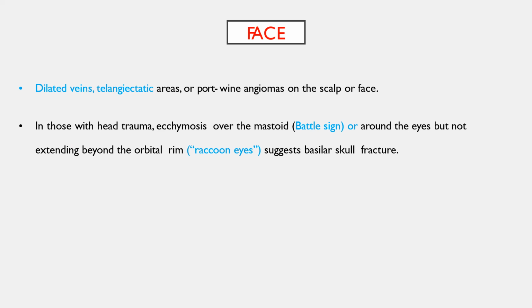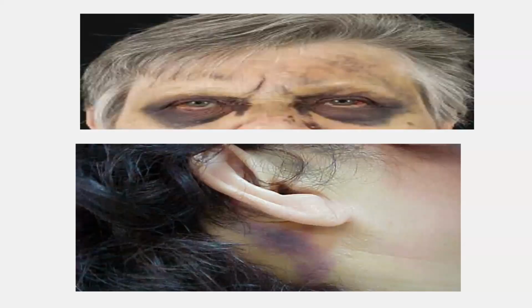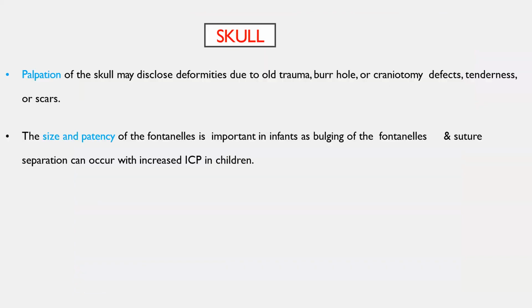On the mastoid, there is Battle sign: the ecchymotic changes that appear over the mastoid bone, usually seen in middle cranial fossa fractures. Around the orbital rim is the raccoon sign, seen in anterior basilar skull fractures. This is the raccoon sign. This is the Battle sign. Next.